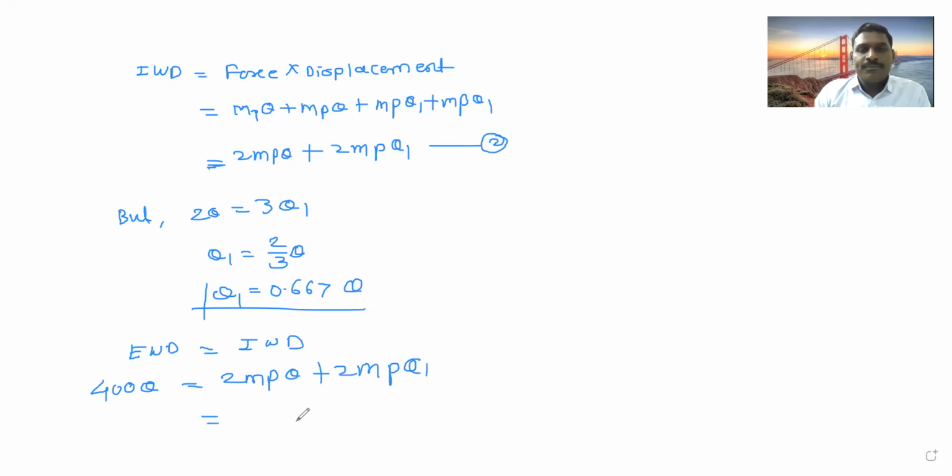Put the value of theta 1 in this internal work done. So 2 MP theta plus 2 into MP into 0.667 theta. Calculate this and tell me the total value in terms of MP theta.